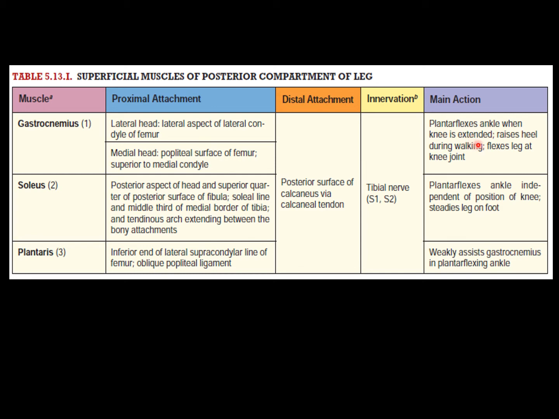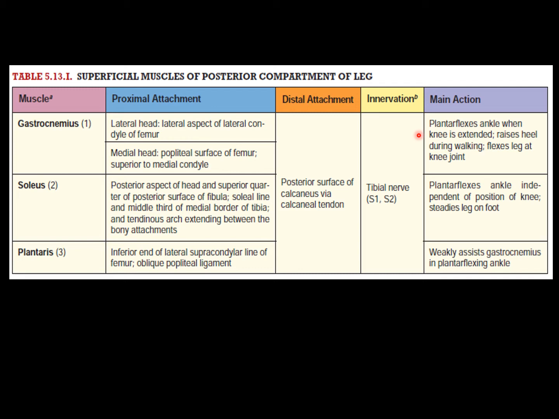The main action of the gastrocnemius is that it is a plantar flexor at the ankle when the knee is extended, raises the heel during walking, and flexes the leg at the knee joint. As it is attaching to the condyles of the femur, it is crossing the knee joint, and as it is attaching to the calcaneus, it is also crossing the ankle joint. So its main action is plantar flexion at the ankle joint, and this function is done powerfully depending on the position of the knee.